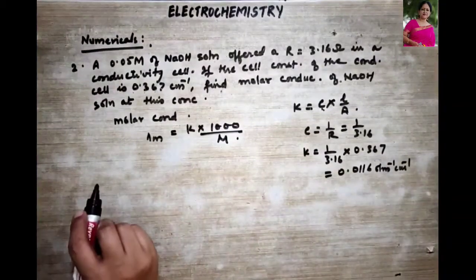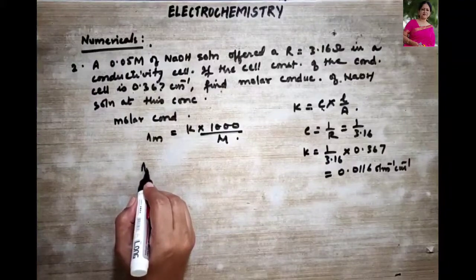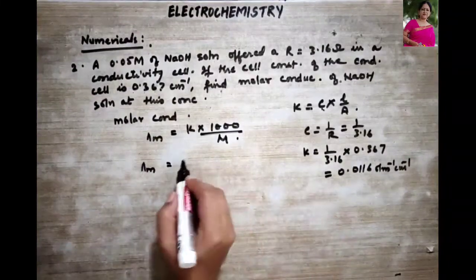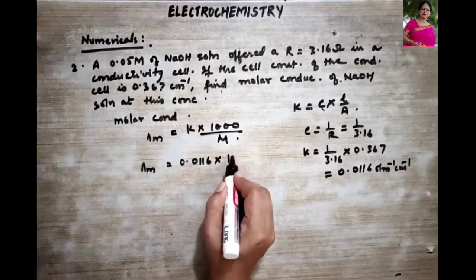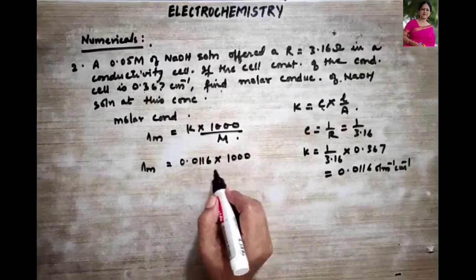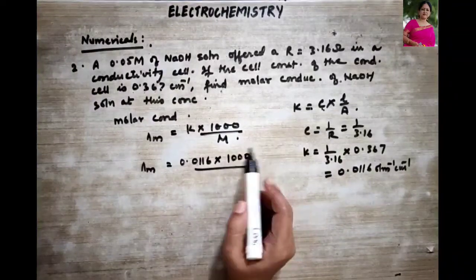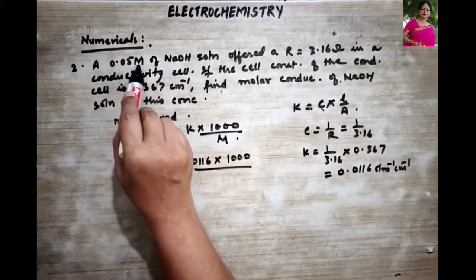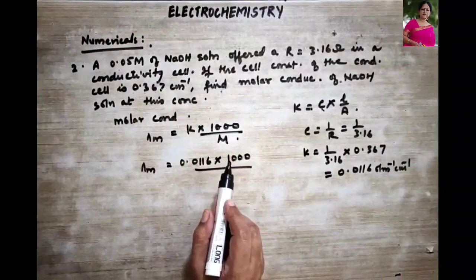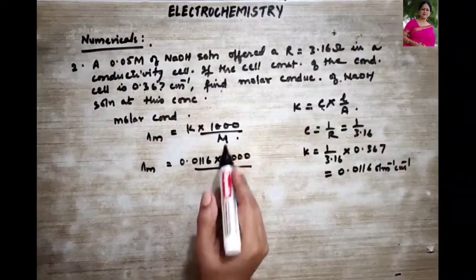Now let's put all the values over here. So your molar conductivity is equal to 0.0116 into 1000 upon, what is your M given to you in the question? 0.05 is the concentration of the solution.